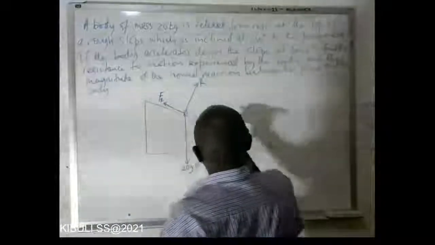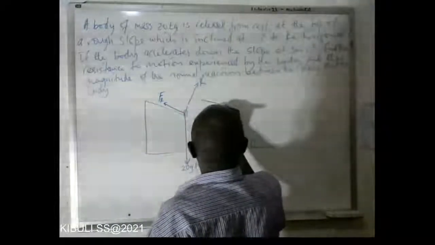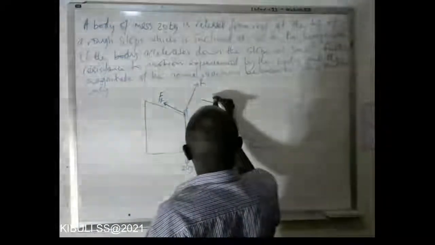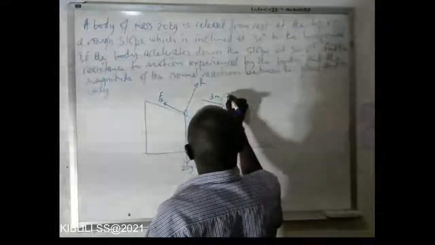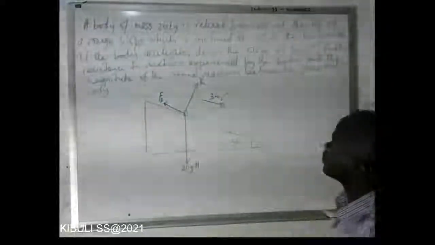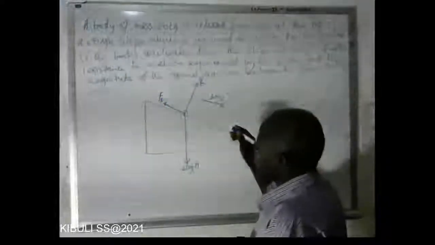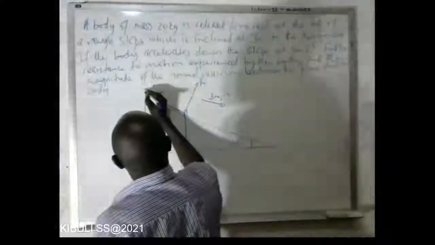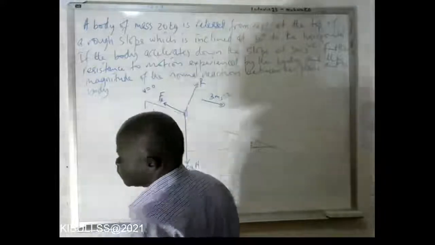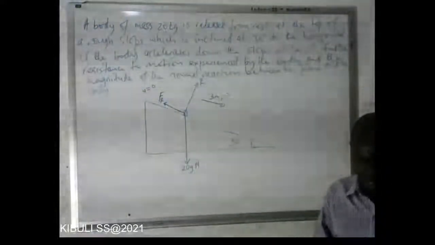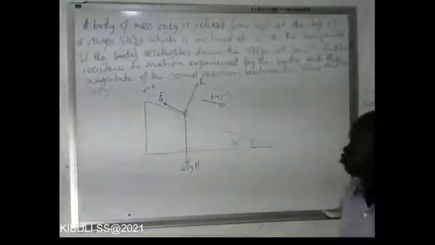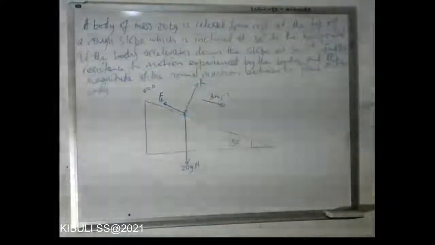So let's say that the resistance is Fr. This body is accelerating down the plane at a rate of 3 meters per second squared. This body was released from rest, so the starting speed here is 0. The question is saying that we find the resistance to the motion.